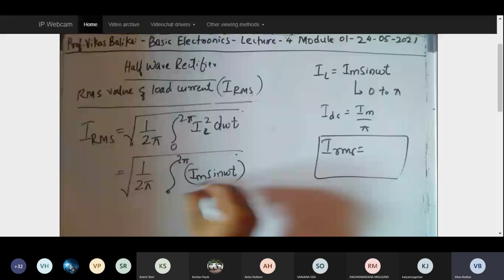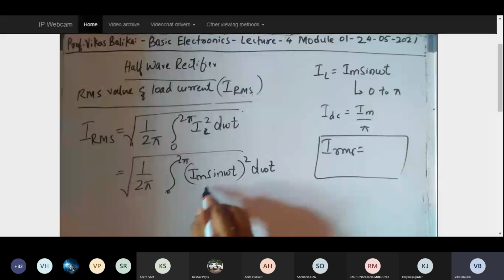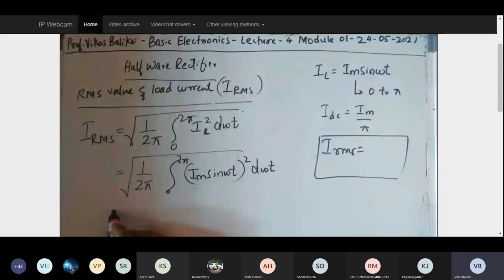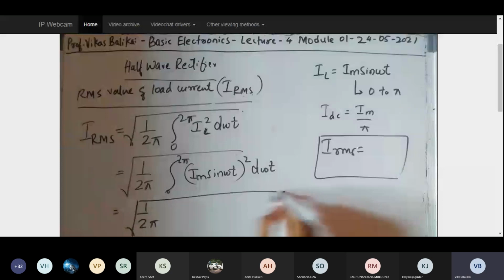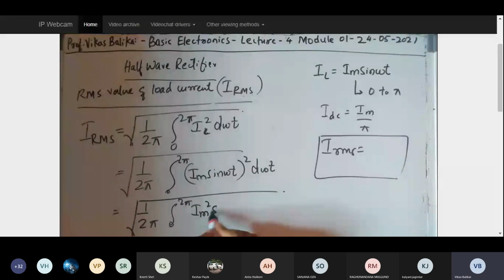Because this entire term is IL, I am squaring it. So 1 upon 2 pi under root of integral 0 to 2 pi Im square sine square omega t d omega t. This is what my equation has now resulted in.